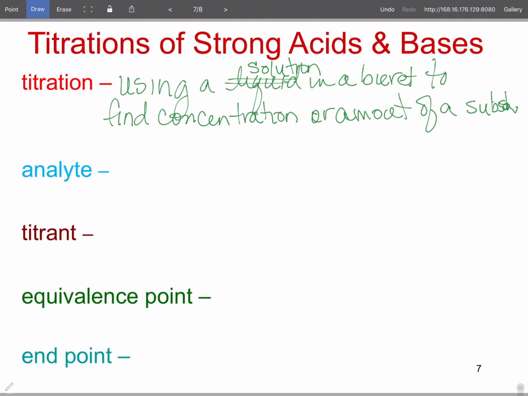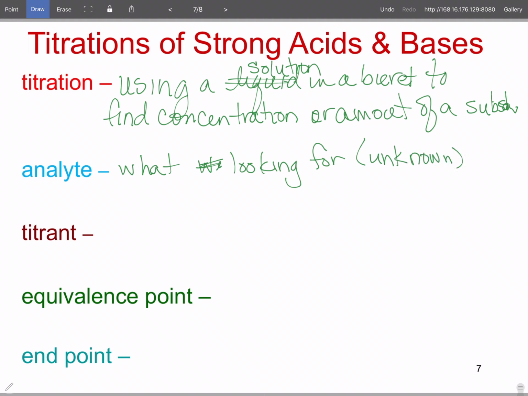The analyte is what we're looking for. So the analyte is the unknown. So it's a fancy name for unknown.